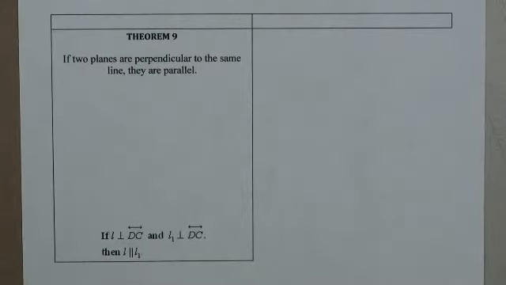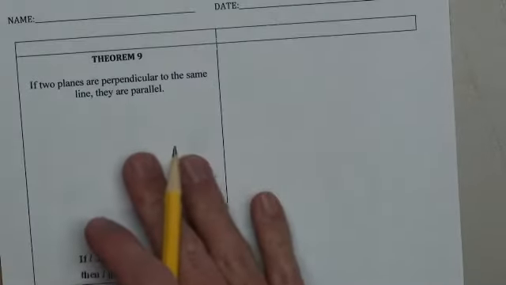And we have one more theorem to draw. Theorem 9: If two planes are perpendicular to the same line, they are parallel. So this is what this looks like.